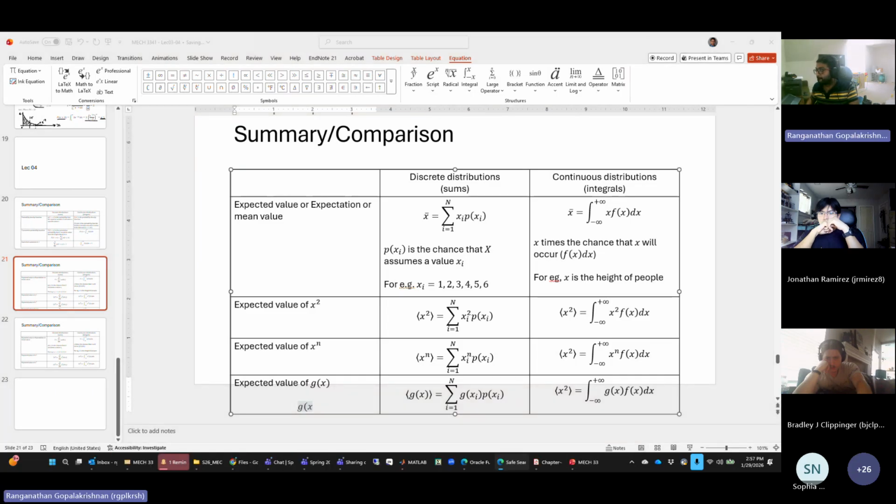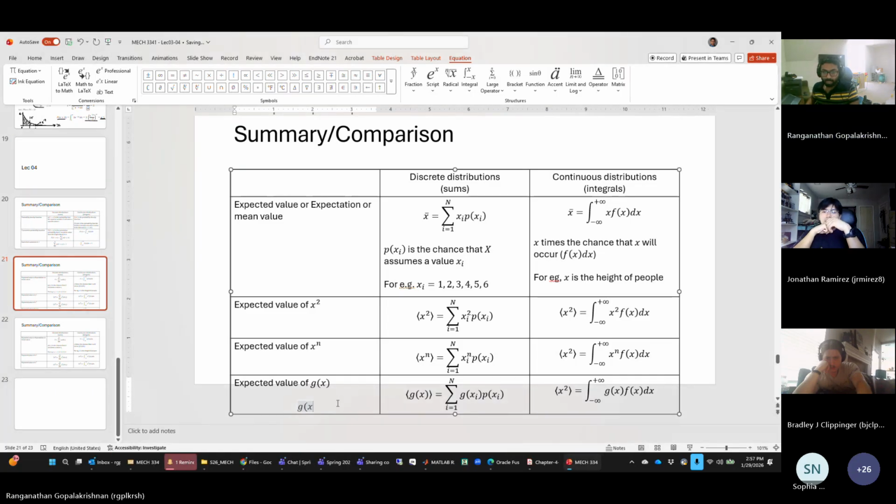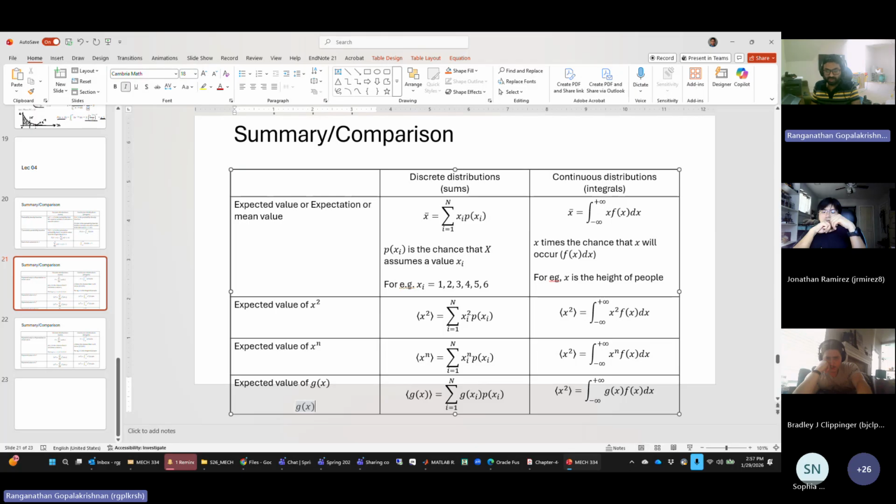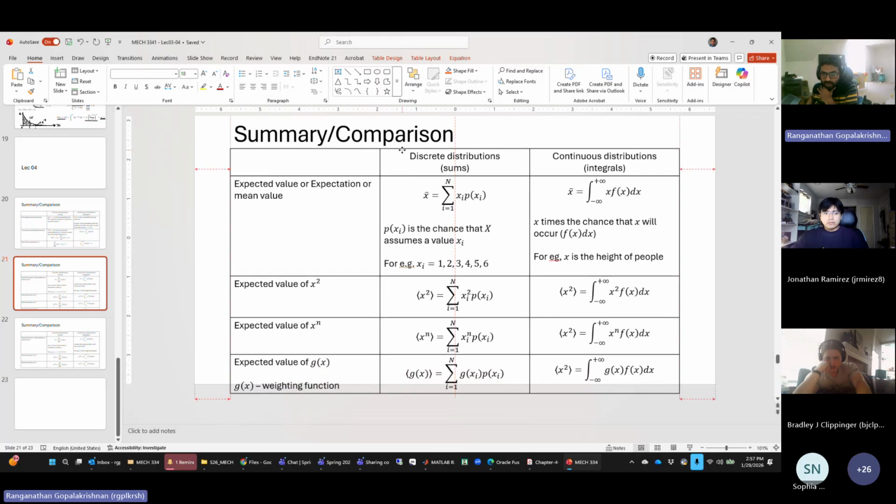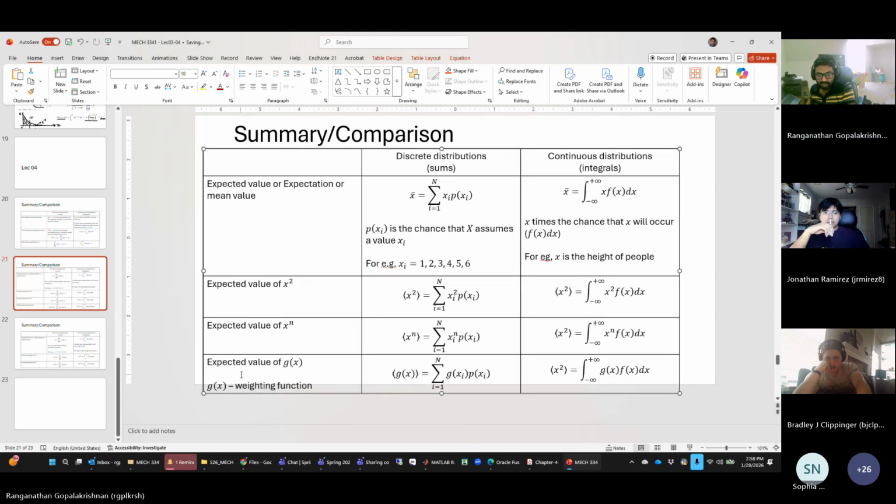The g of x function is called a weighting function. And that function could be anything. Again, it's contextual. Until we find a context, it won't be very clear. So let me keep looking for an example to illustrate that.